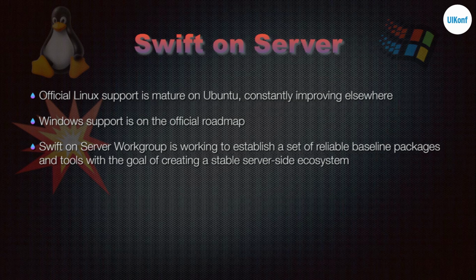But the goal of the Swift on Server ecosystem, the workgroup especially, is to create a stable, strong baseline, something reliable, and something that's less roughshod or haphazard as some of those ecosystems have gotten.